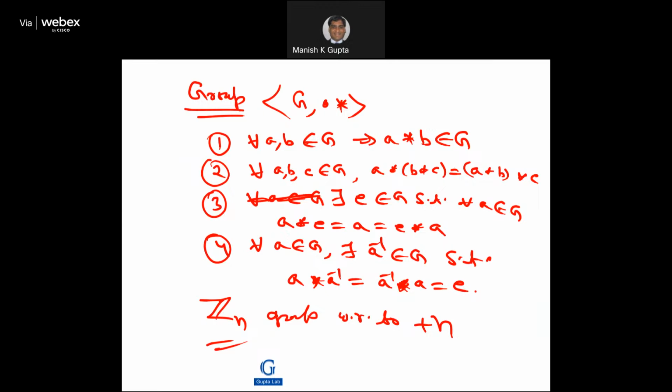There is one natural book, John B. Fraleigh, A First Course in Abstract Algebra. I am sure you must have a copy of it. Another popular book which I like is Ian Stewart, Topics in Modern Algebra. If you have done the exercises at the back, then you will realize the beauty of mathematics, right?